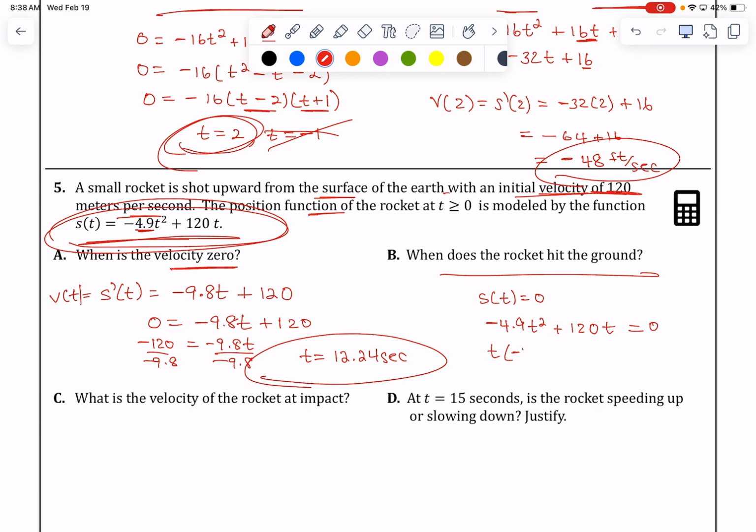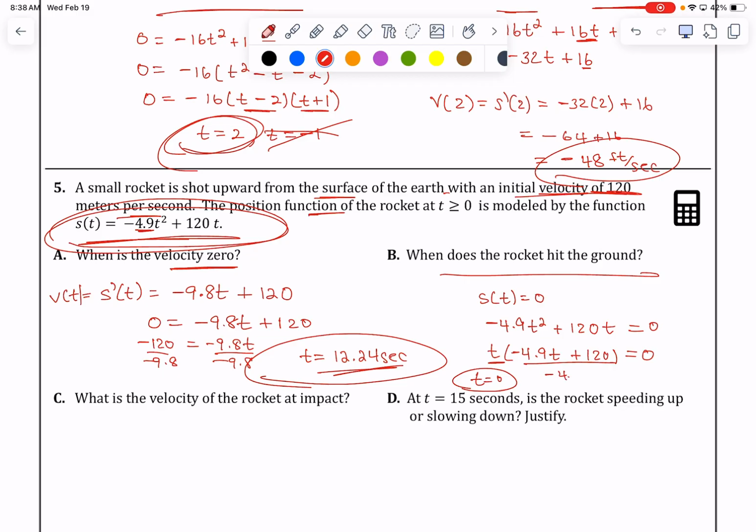So we'll get t times negative 4.9 t plus 120. We already know it's going to be t equals 0 because it started on the ground, right? And then for this one right here, you can't double this one because this wasn't the max height. If you would have found the max, when it reaches the peak, you can take that and then just double it because the vertex is always right smack in the middle.